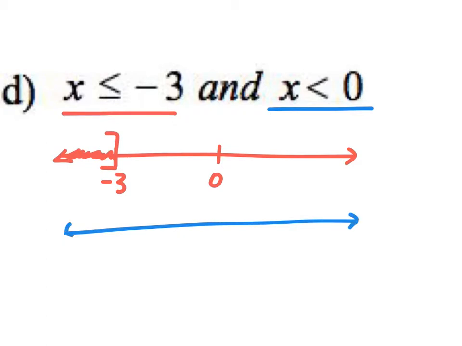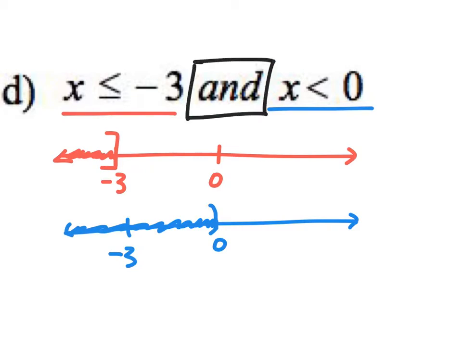Now on the other part, let's graph x is less than 0. Here's 0, here's -3, and since we're just less than 0, we're going to draw a parenthesis here and shade to the left because my values of x are smaller than 0. So now the question is, what's our final answer? How do we combine them? Right now we're doing the intersection.